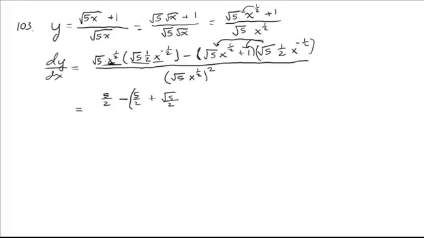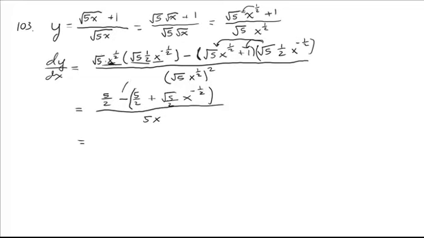Let's put it over 2 x to the minus 1/2. This all over. Now let's just make this easy. Let's square each of these. Square root of 5 squared is 5. X to the 1/2, or square root of x squared, is x. So the denominator right now is just 5x.